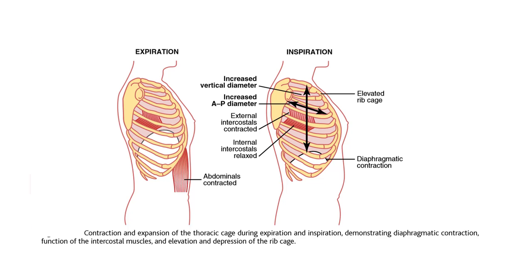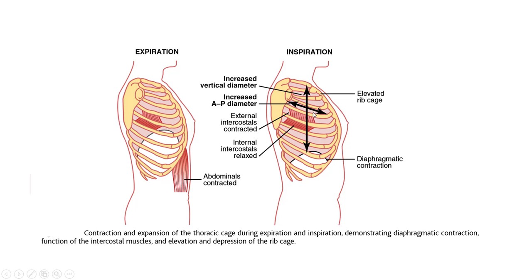This diagram demonstrates the contraction and expansion of the thoracic cage during expiration and inspiration, demonstrating diaphragm contraction, function of the intercostal muscles, and elevation and depression of the rib cage. Here, inspiration, the elevated rib cage, see here.